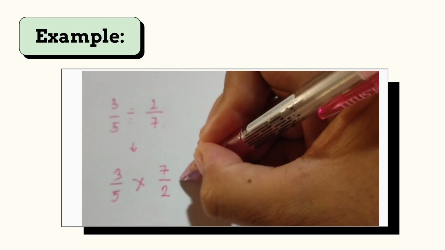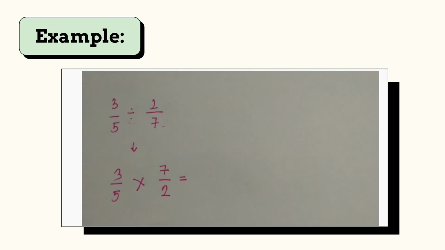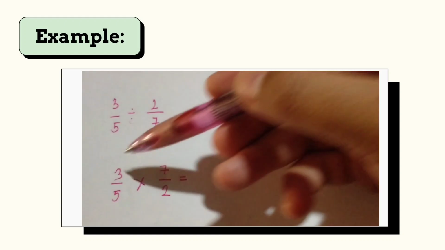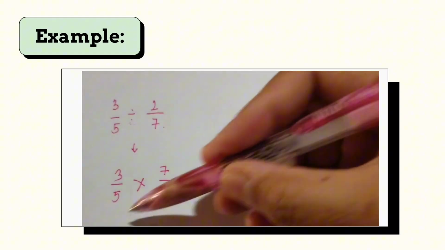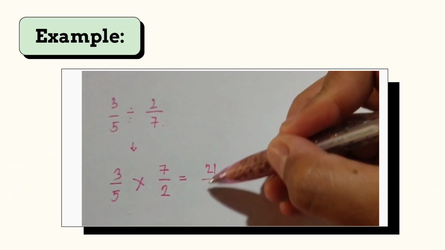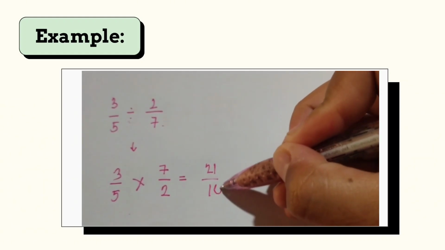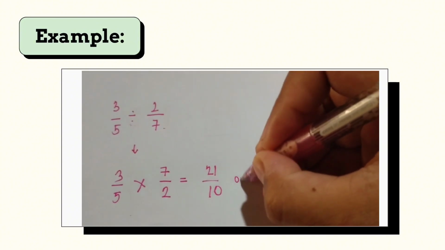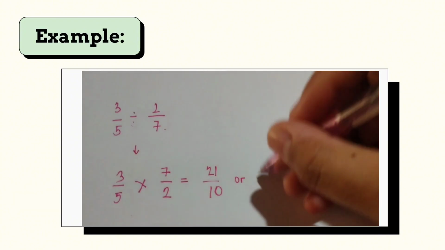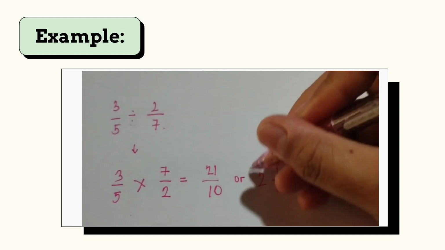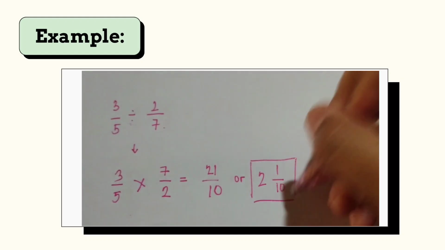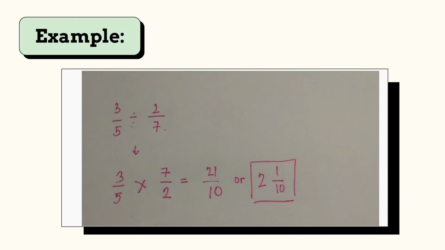And then, we can proceed with multiplication. So, 3 times 7 is 21. And 2 times 5 is equal to 10. Or if you convert this, it will be 2 wholes and 1 over 10. So that is the result.